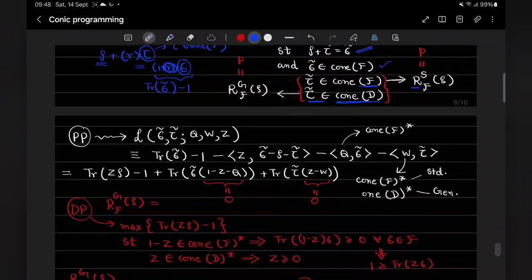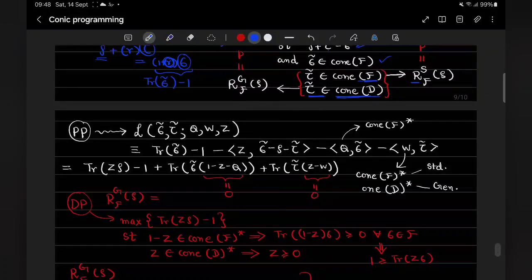With this primal problem, we will now construct the Lagrangian of this problem. There are two optimizing variables and we have three Lagrange multipliers. One variable is sigma tilde, another is tau tilde, and one Lagrange multiplier is Z, which corresponds to the equality constraint, that is sigma tilde minus rho minus tau is equal to 0.